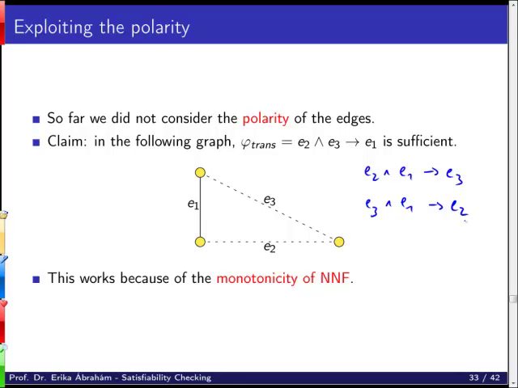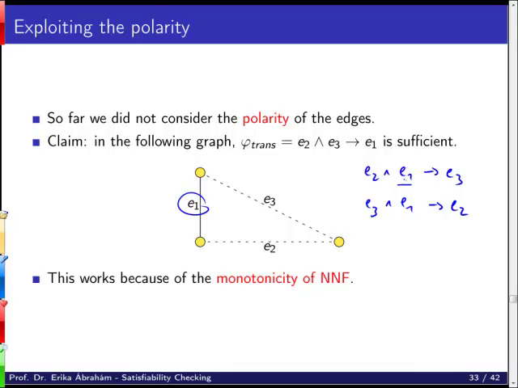That means if I find a solution where E1 is true, then there is also a solution where E1 is false, because it is more satisfying. E1 appears only negated in my formula. So if there is a solution where E1 is true, then there is also a solution where E1 is false, and then this implication is automatically valid.